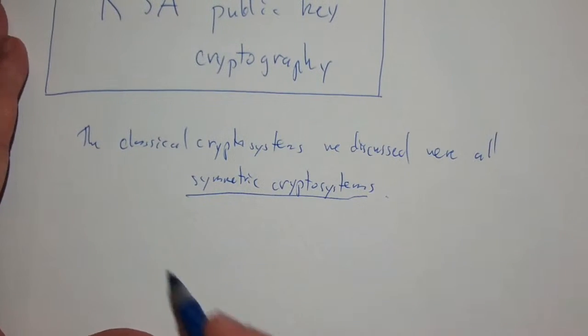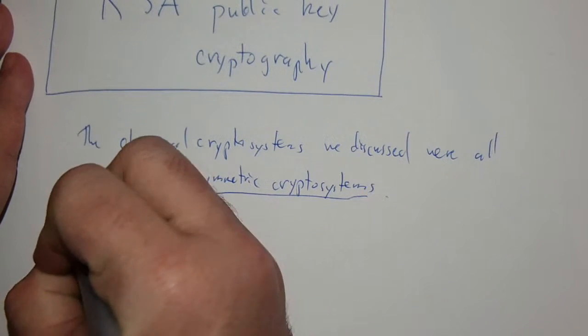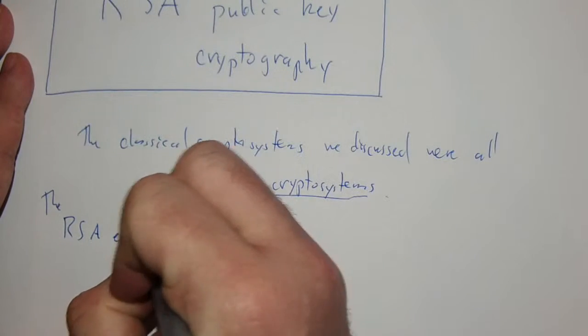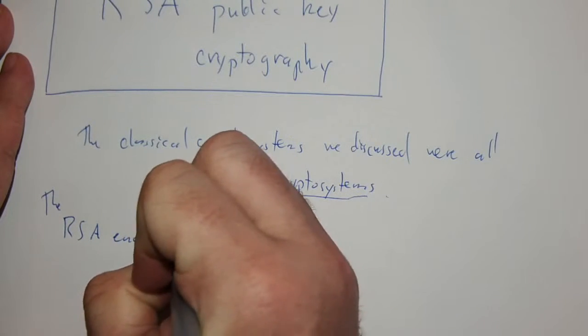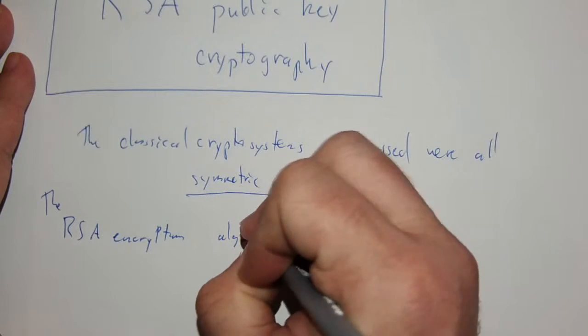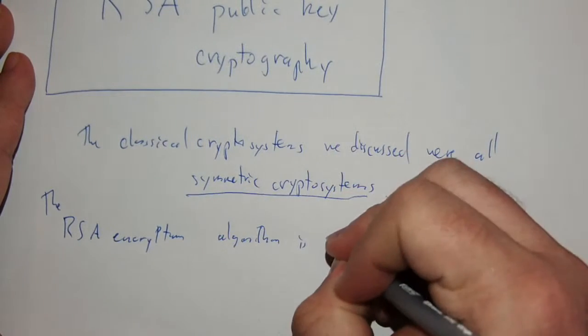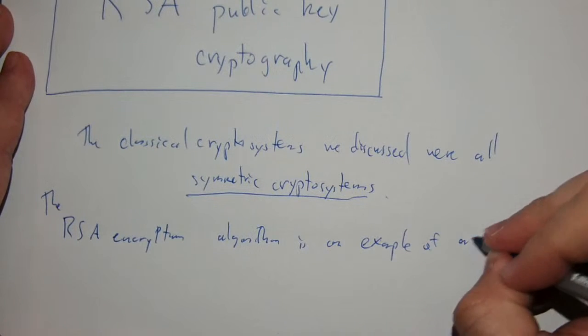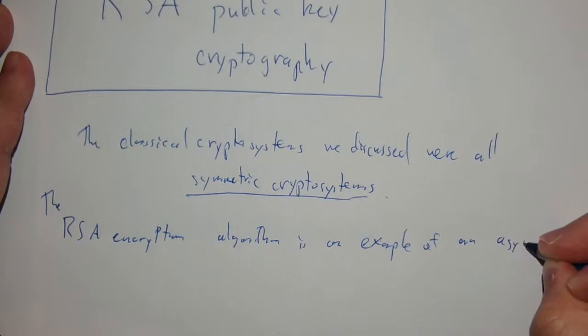So I already said the word. The RSA encryption algorithm is an example of an asymmetric crypto system.